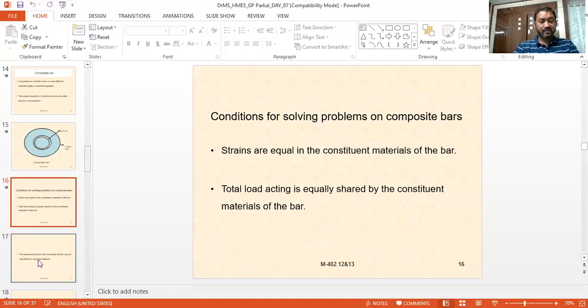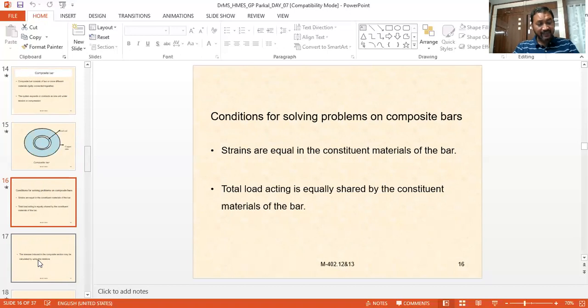The composite bars should satisfy the following two conditions, and based on these we will get two equations, and with the help of these two equations we will find the stresses, strains and elongations produced in the composite bars.